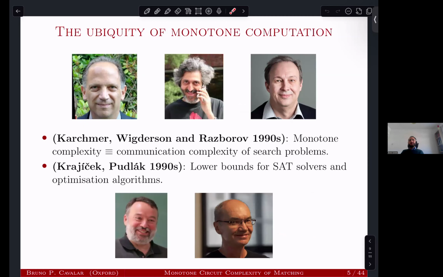Monotone computation, besides these interesting lower bounds, has appeared in many areas of computational complexity. Earlier results in the 1990s have shown that monotone complexity is, in a sense, equivalent to the communication complexity of search problems.